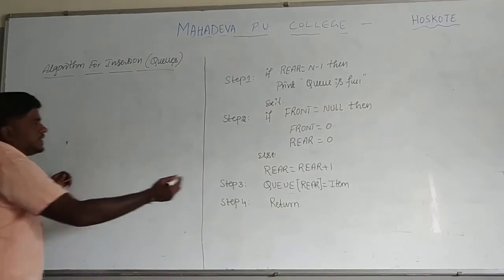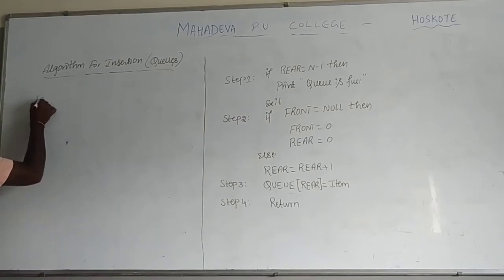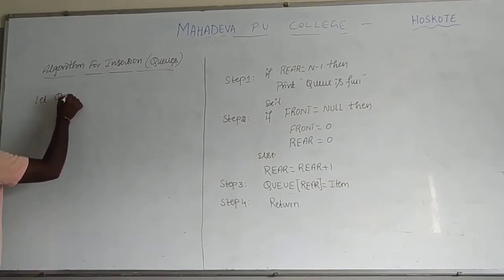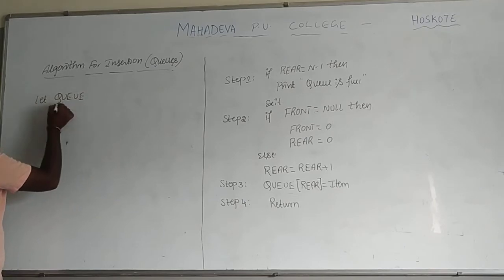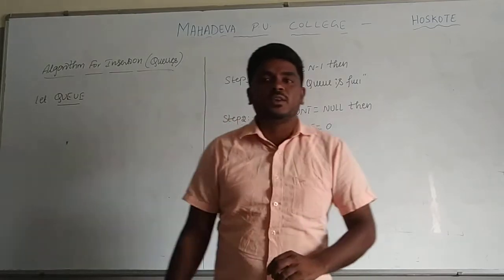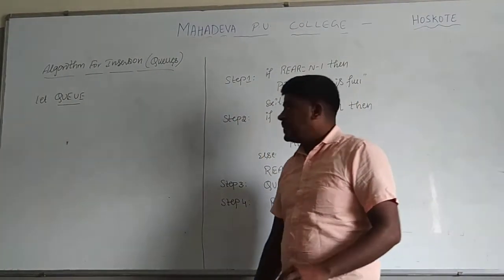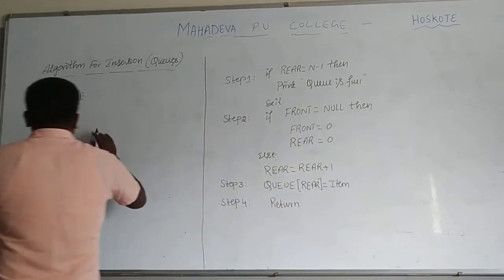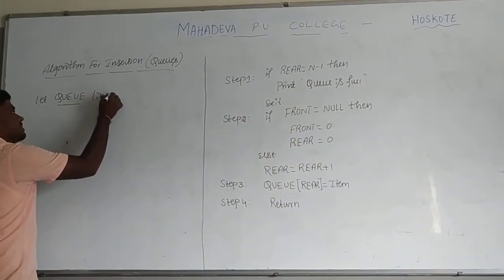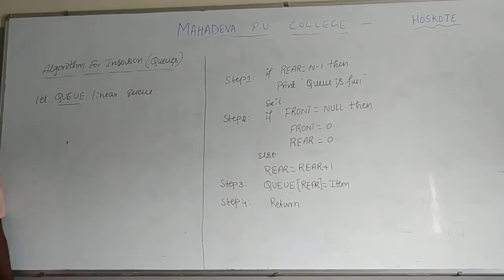Now in this algorithm we use some terms. Let Q be a data structure. Q is a linear data structure, a linear queue, that is used to create an empty space and to pass data into the memory.